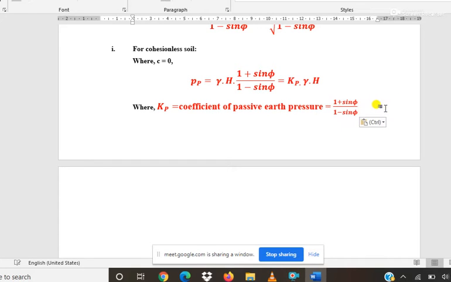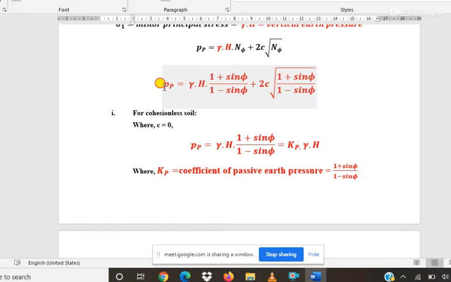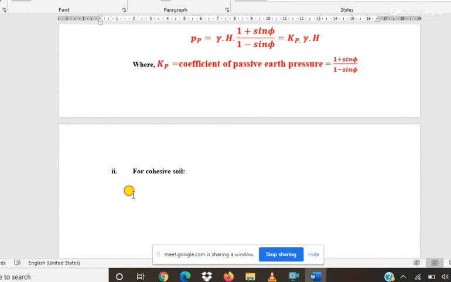And now this is clear that for cohesive soil, where there is a value of C, you have to use the general equation of passive earth pressure.